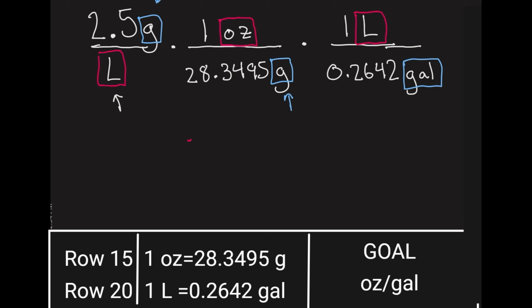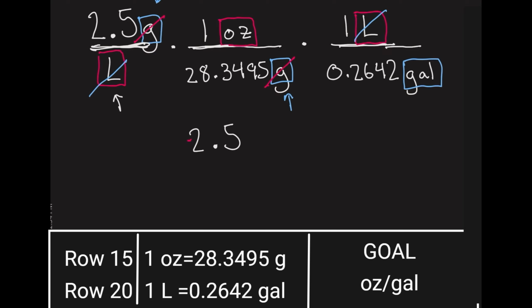And just so you can see, I'm going to make this a little bit easier to see. Liters here, they cancel out. What about grams? Grams here, they cancel out, which only leaves us with ounces and gallons, which is exactly what we want. So going across the top, I have 2.5 times 1 times 1. I'm just looking at the numerators. That's going to give me 2.5.